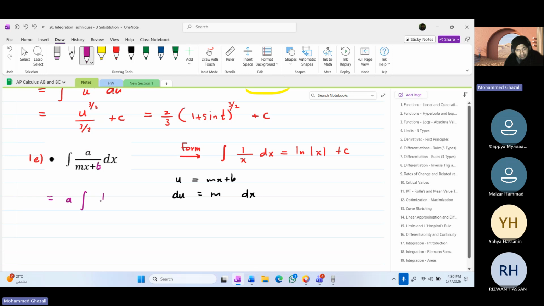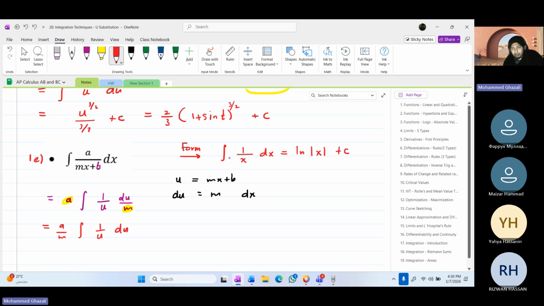So now I'm left with 1 over u, right? And what is dx? It's just du over m. But m is a constant, a is a constant. So I'm going to take a over m, integral 1 over u du.